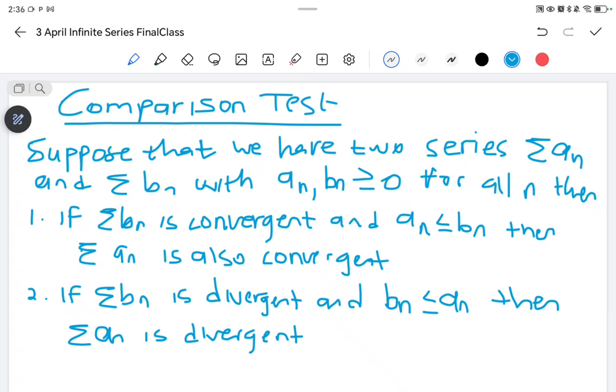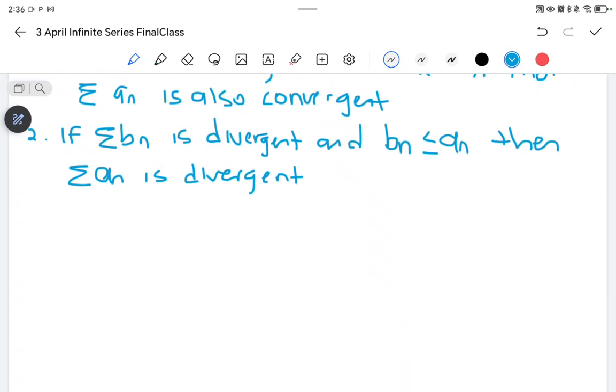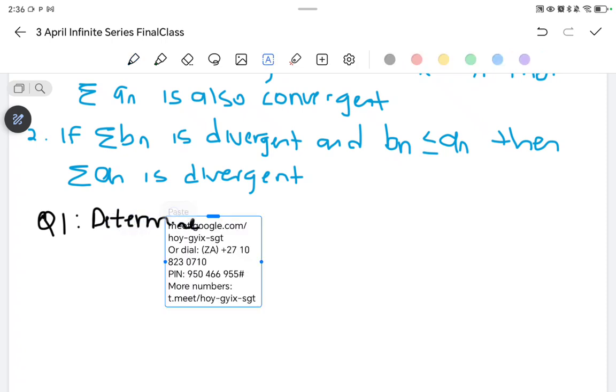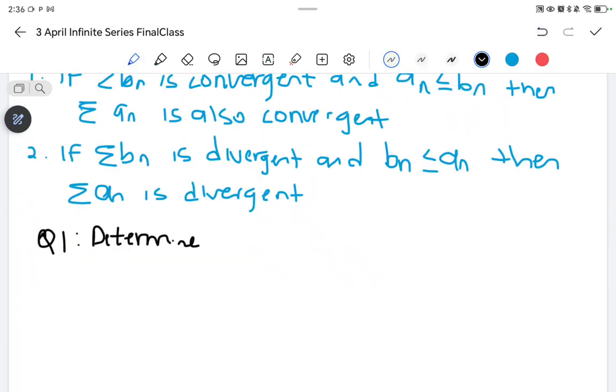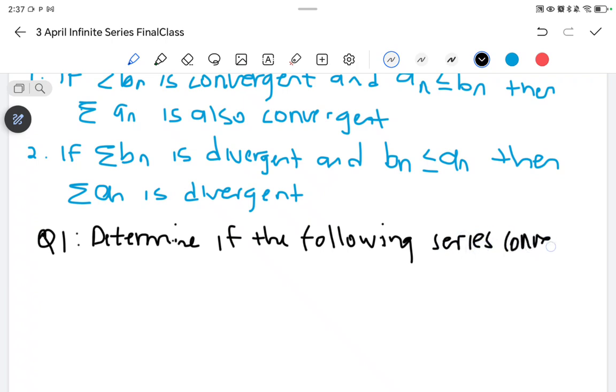So now let's say we're given this example, question 1. Let's say they ask us to determine if the following series converges or diverges.